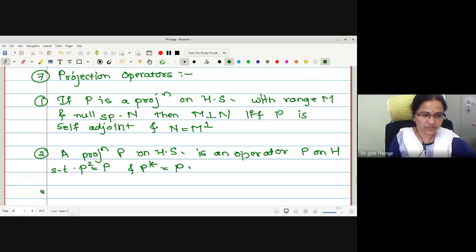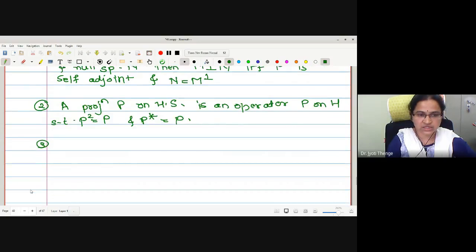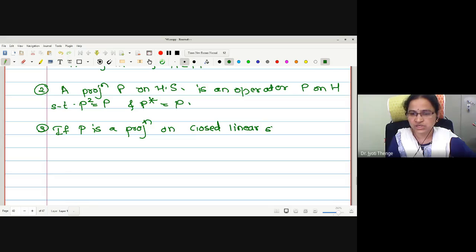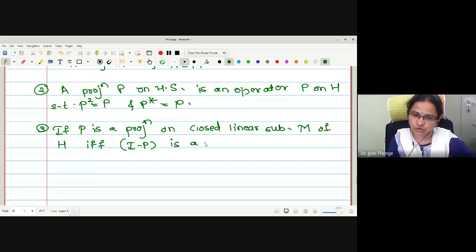Okay. Property number 3. P is a projection on a closed linear subspace M of H if and only if I minus P is a projection on M perp.